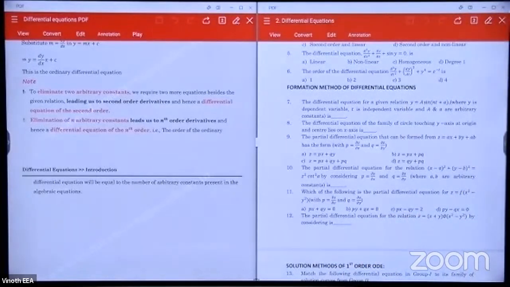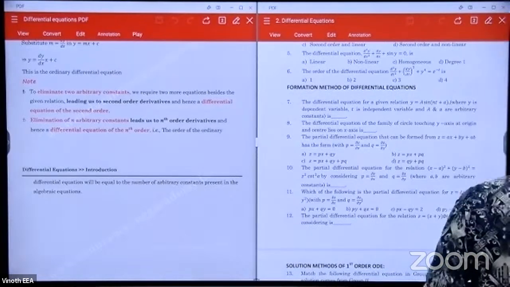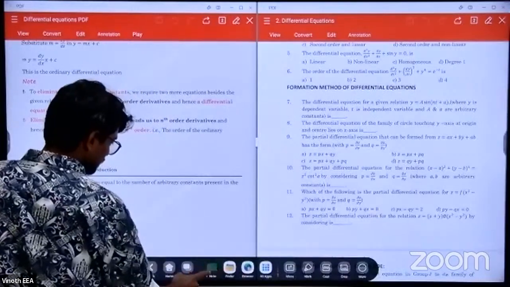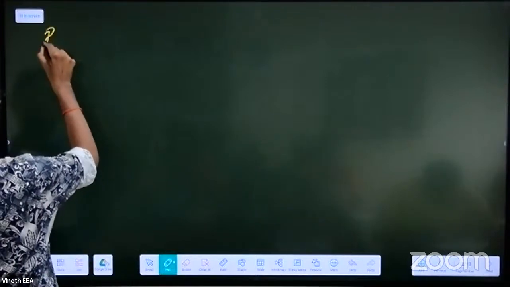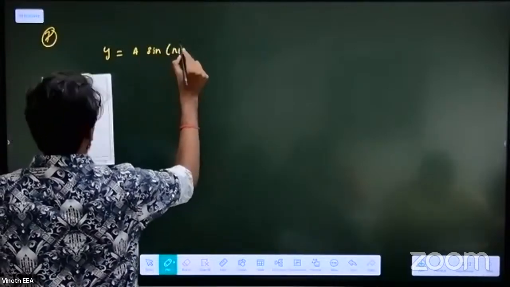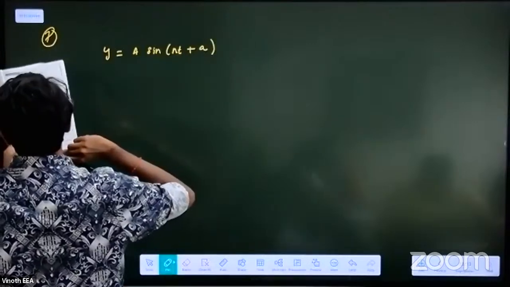Question number 7. The differential equation for a given relation: y is equal to A sin(nt plus a), where y is the dependent variable and t is the independent variable.